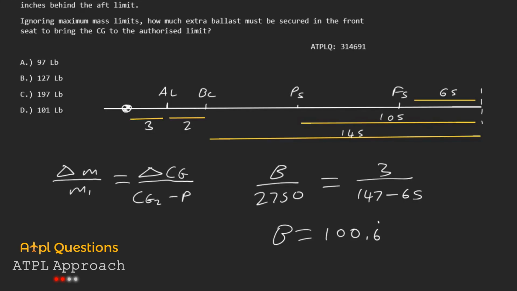And the closest answer to this over here is D. See, that's a short and quick method, but this cannot be used for all sorts of questions, and you might not be familiar with this type of method. If that's the case, that's absolutely fine, because if you use this method in the wrong context, such as for a repositioning mass question, you might get an answer which the aviation authorities have purposely put in there as the wrong answer, which could catch you out.